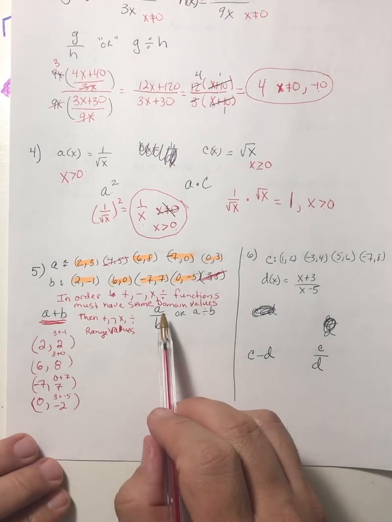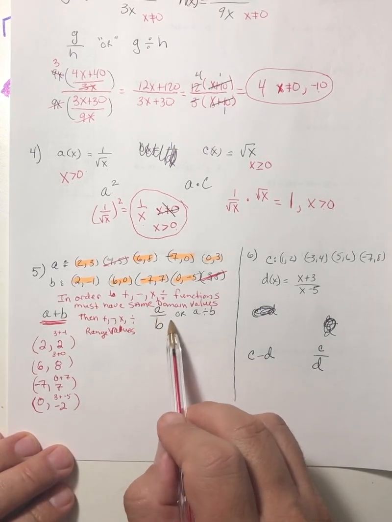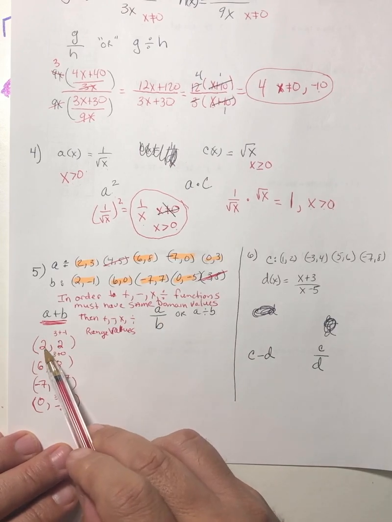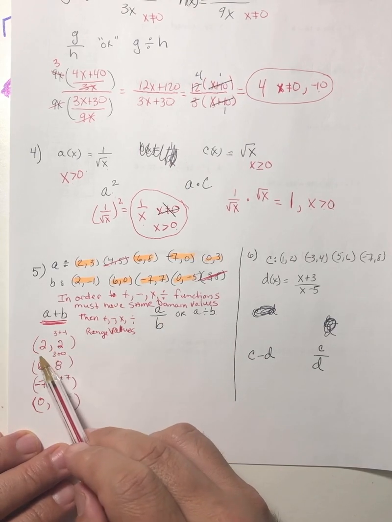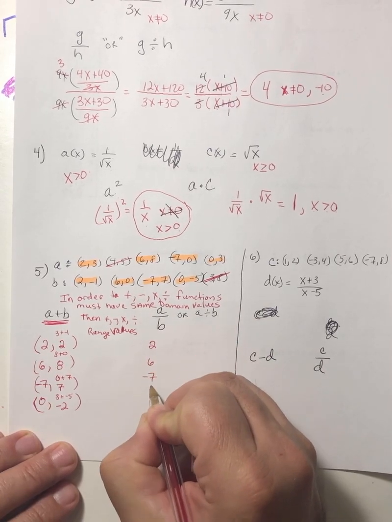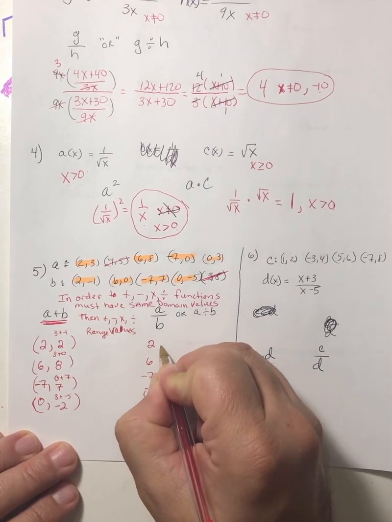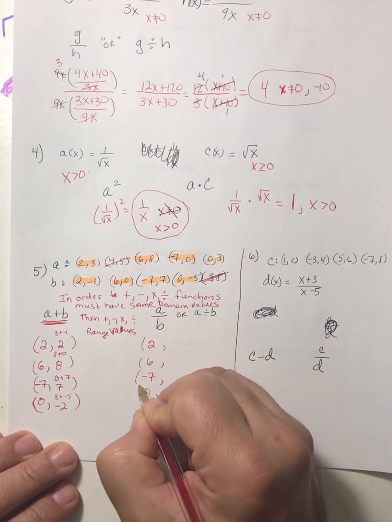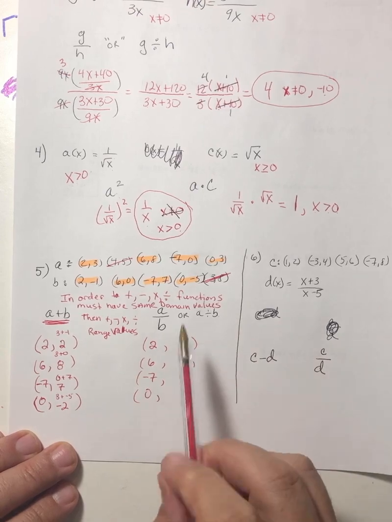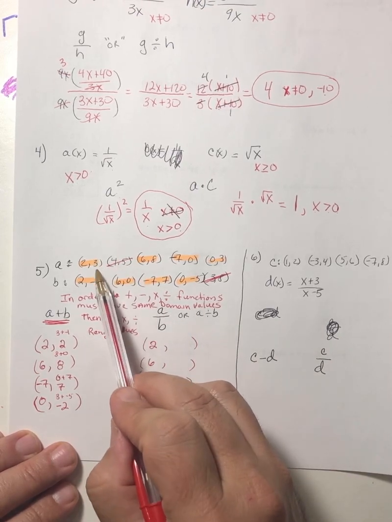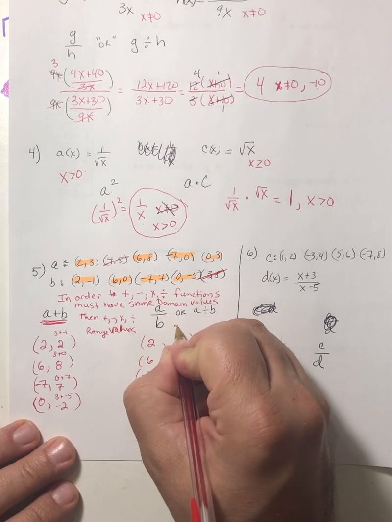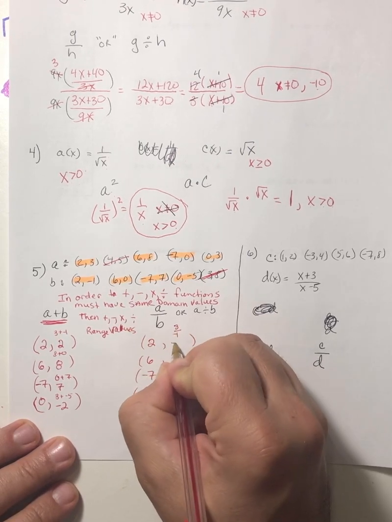Now, division is the exact same thing, A divided by B. The only ones that we can do are these, so we already know what the domain values are going to be: a 2, a 6, a negative 7, and a 0. Now it's just a matter of the y values. 3 over negative 1 is negative 3.